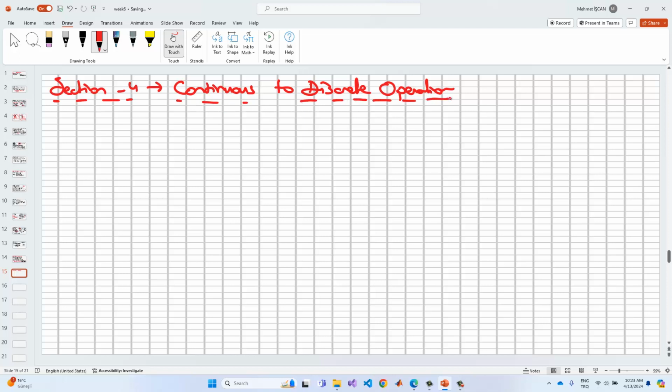This is important because in real life we have only continuous systems, so we need to write a continuous equation, not the discrete one.